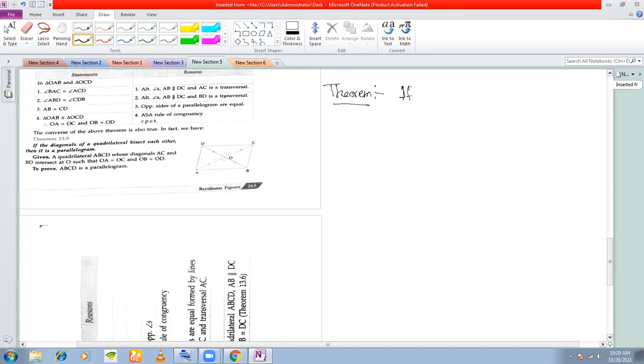So if the diagonals of a quadrilateral bisect each other, then it is a parallelogram.